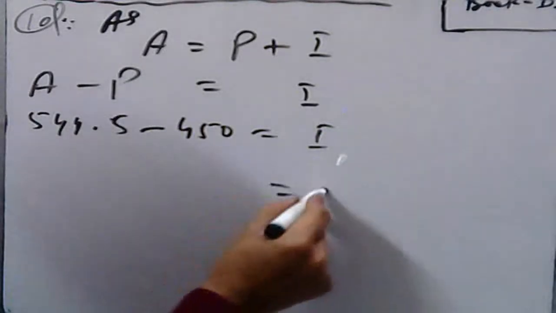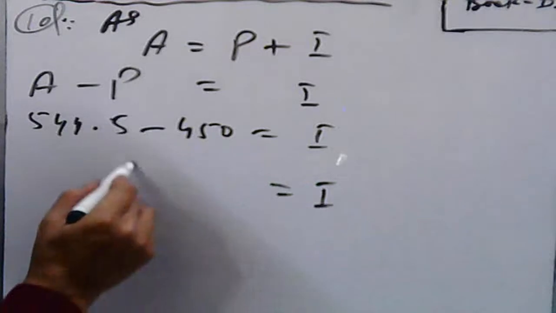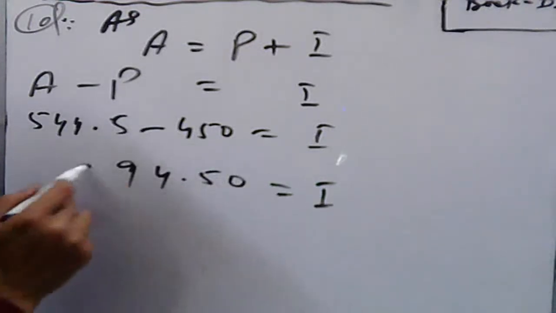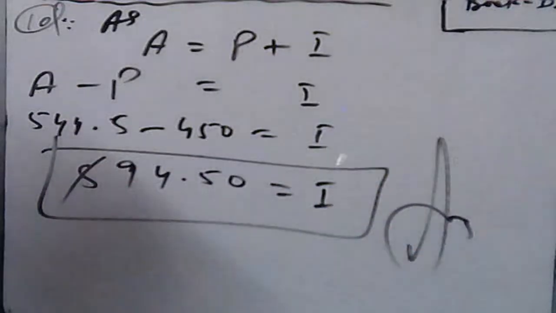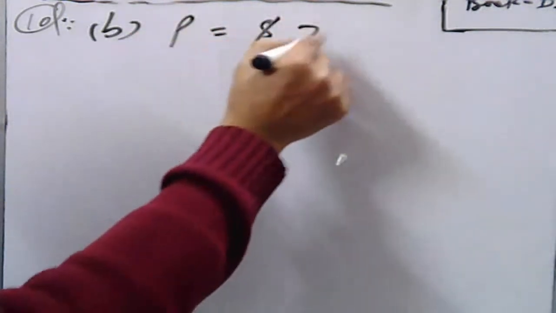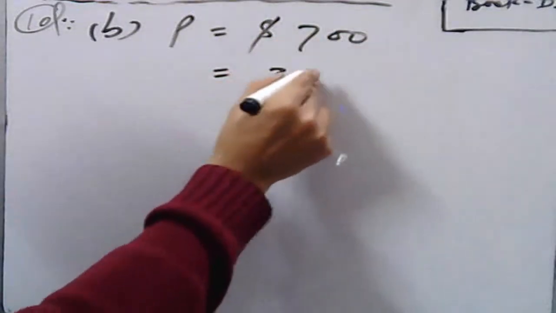Now similarly in B part, $700 for 3 years at a rate of 11% per annum compounded yearly. Principal amount $700, time period 3 years, rate of interest 11%, and we have to find I, that is compound interest.